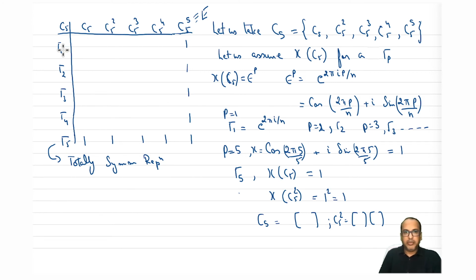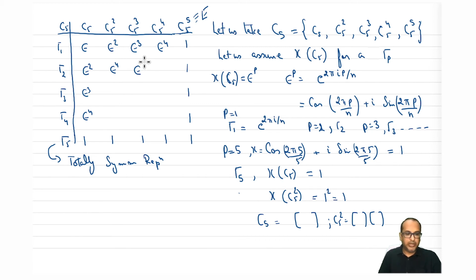Because this is tau 1 under C5, we can write it as epsilon. Now this will be epsilon square, epsilon cube, epsilon 4. And this will also be epsilon square, epsilon cube, epsilon 4. And this will be epsilon 4, because now we are raising the power of epsilon, because now p is increasing.